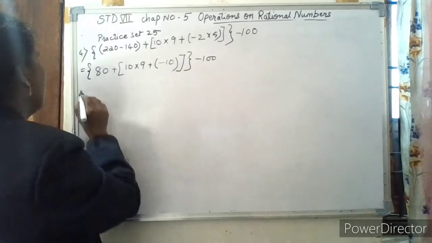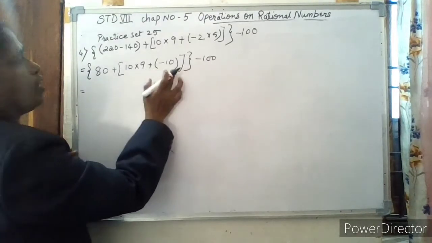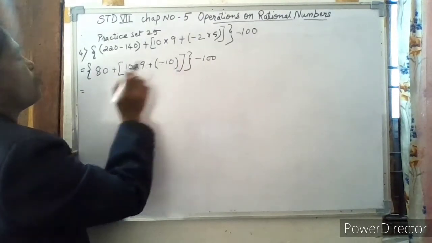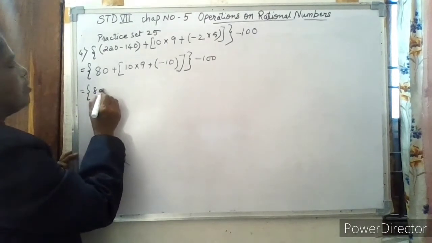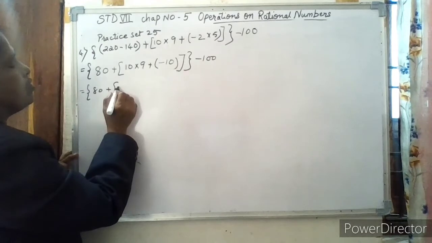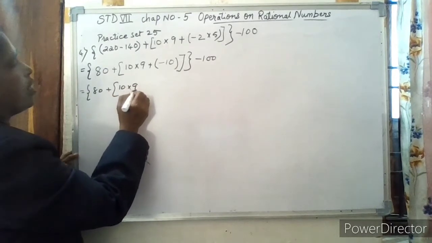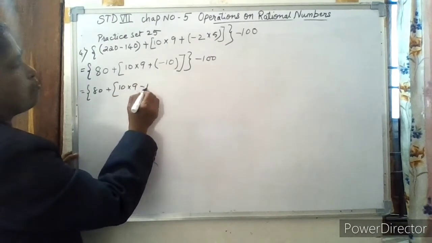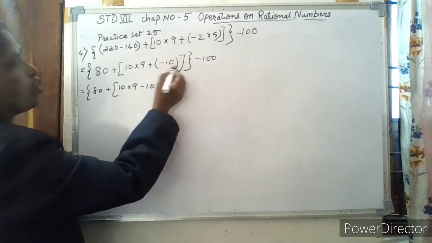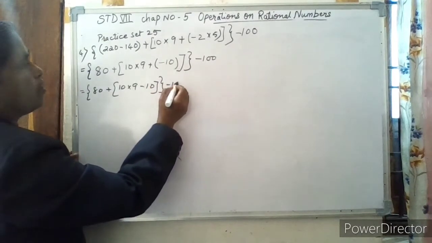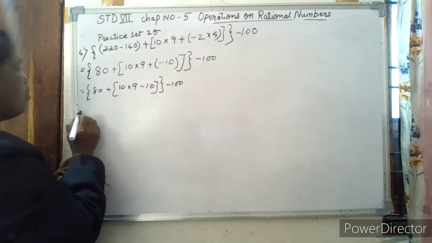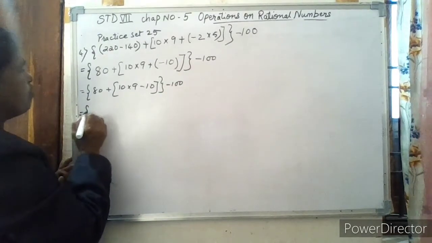Now here again a round bracket is left. So this round bracket we will solve. Remaining write as it is: 80 plus square bracket 10 into 9 plus it minus is minus 10, and so the round bracket is gone. Close the square bracket, close the brace bracket, minus 100. Now here, brace bracket open, 80 plus.